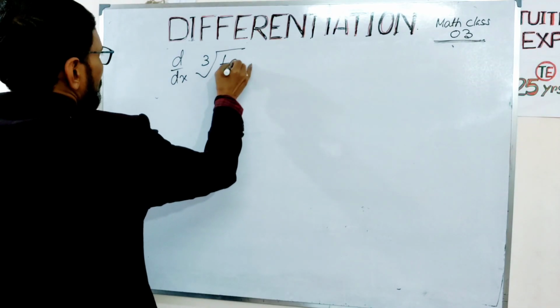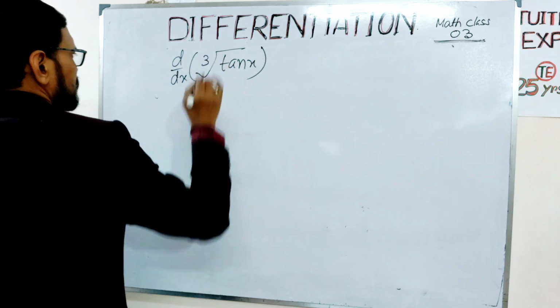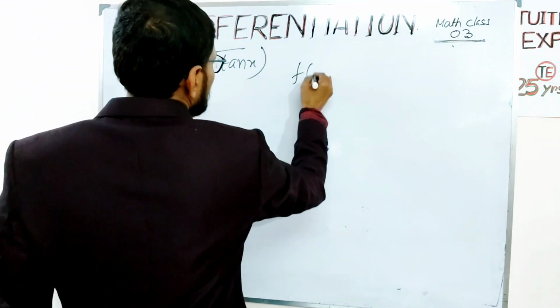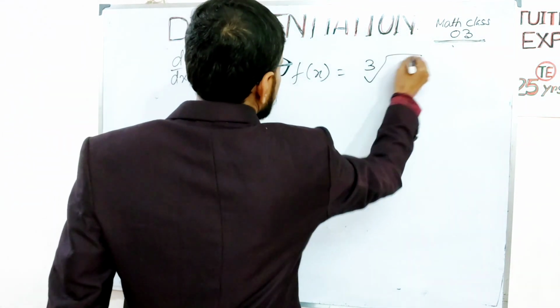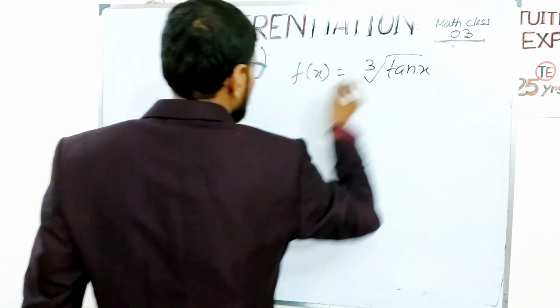Now the derivative of cube root of tan x from first principle. So here f(x) equal to cube root of tan x, that is tan x whole to the power 1/3.